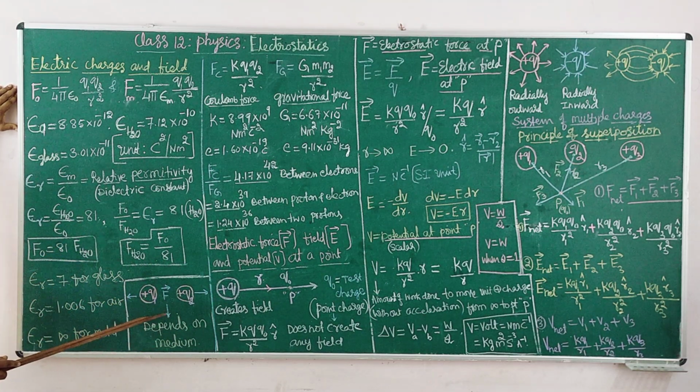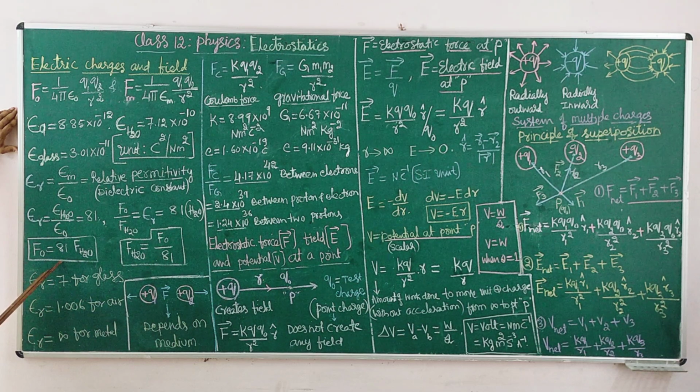Put water, and the electrostatic force decreases by 81 times. Remove water, and the electric force increases by 81 times. That is called the dielectric constant of the material.